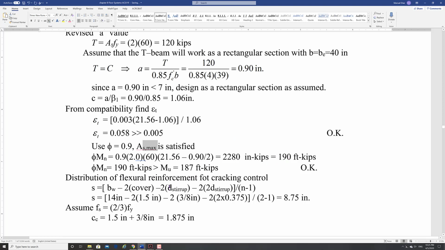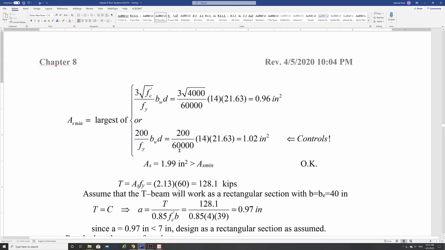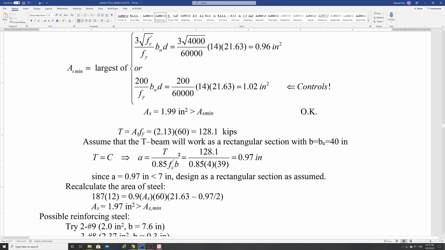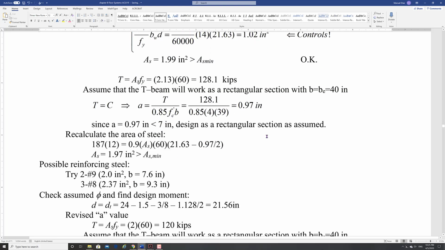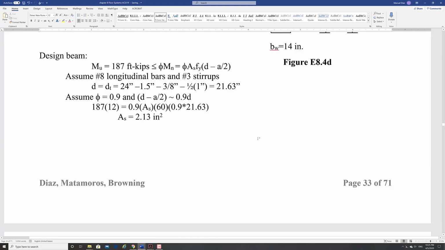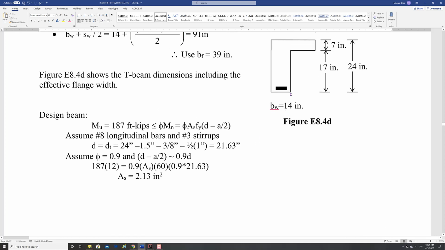Check again cracking control. You can do a quick check. Here we're going to be a little bit closer to the limits because we only put 2 bars. So we got 2 bars, and again, this is 14 inches. So 2 bars, 14 inches, you subtract 2.5, 2.5, that's 5. You get 14 minus 5. That's 9 divided by n minus 1, which would be 1. So spacing should be close to 9 inches.